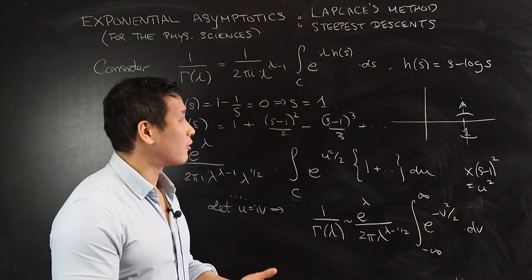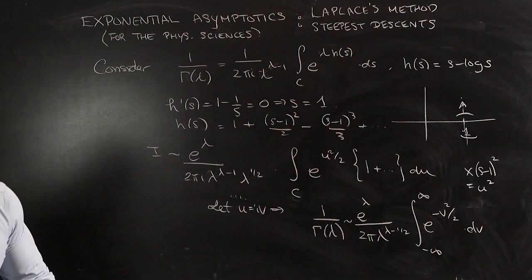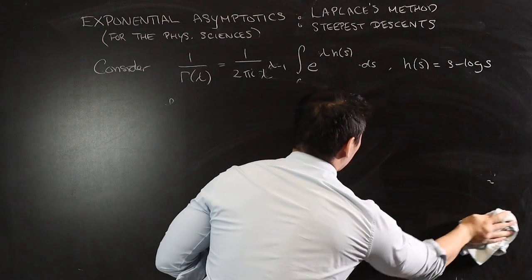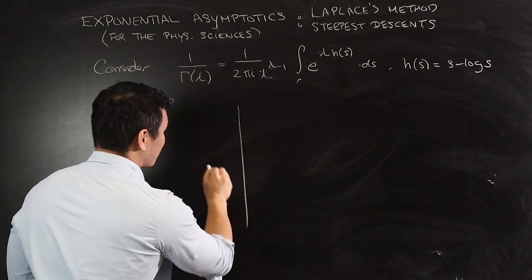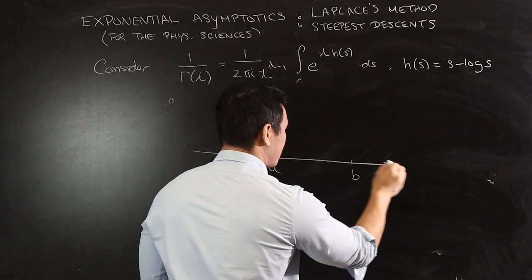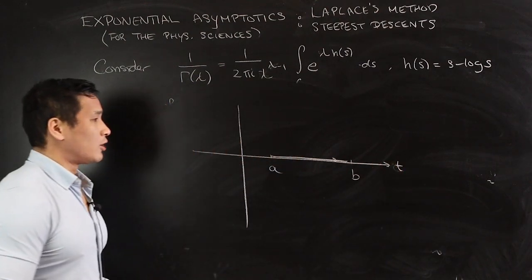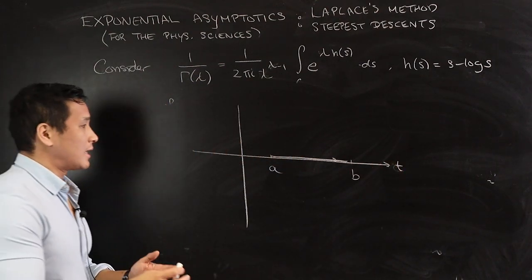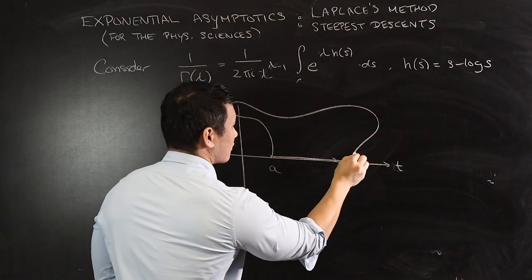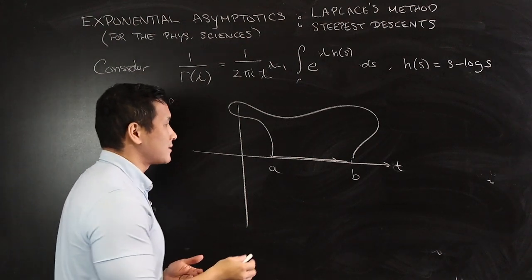Okay? Now, if I gave you a contour C which had finite points of integration, so let's say my contour went from A to B along the real axis, then again what you're going to have to do is deform this into the relevant paths of steepest descent and ascent.